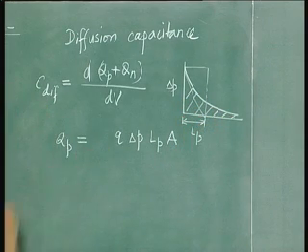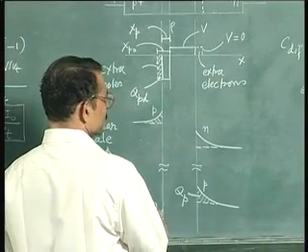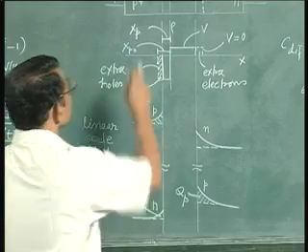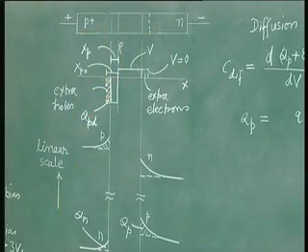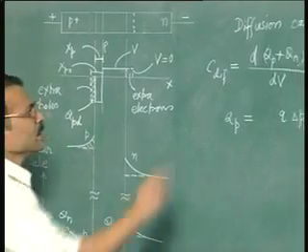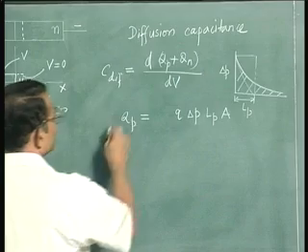Now similarly one can write down the expression for Qn also. Now what we will do is, since we are considering a one-sided junction, the p side doping is much more than the n side, therefore we will neglect Qn compared to Qp. This will help us to get a simple equation for the diffusion capacitance.